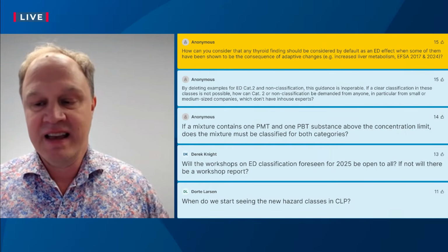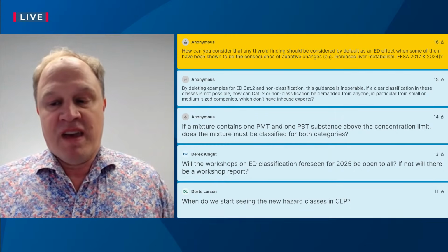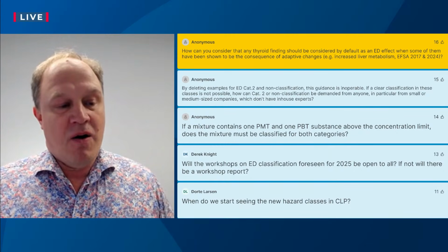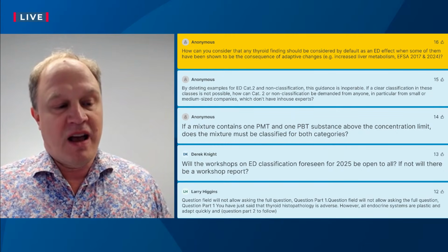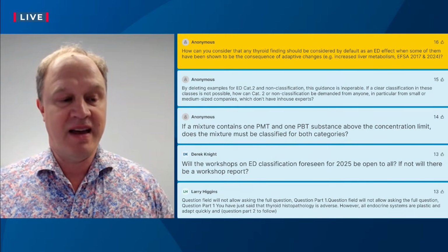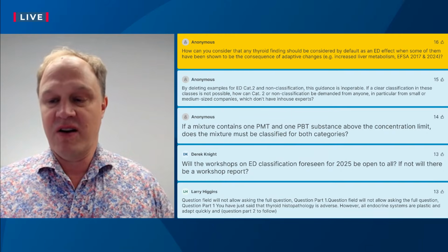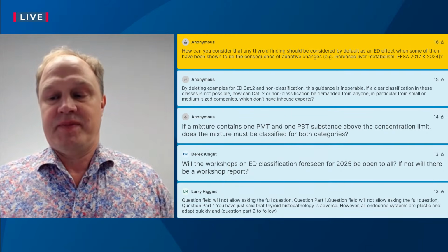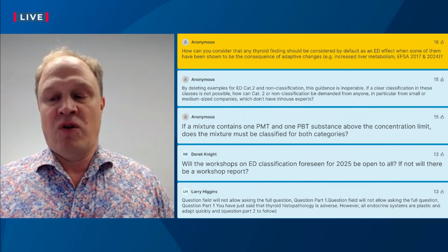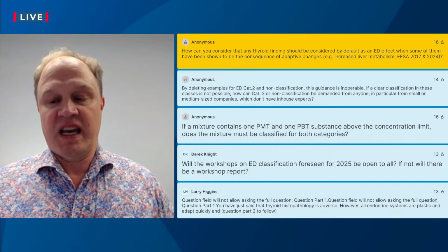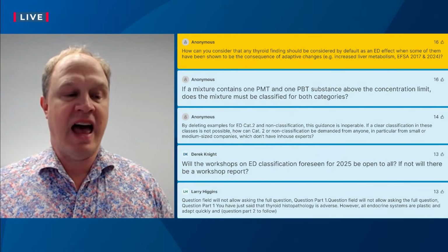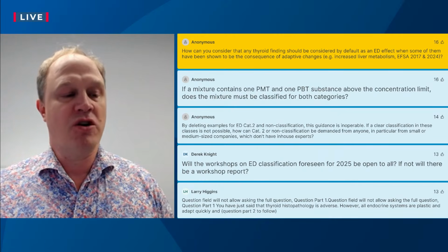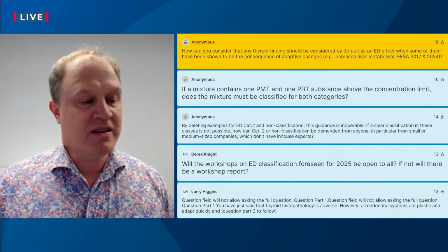And then both guidances say that all thyroid modes of action are human relevant. The question here about consequence of adaptive changes has for a long time been an argument about human relevance.